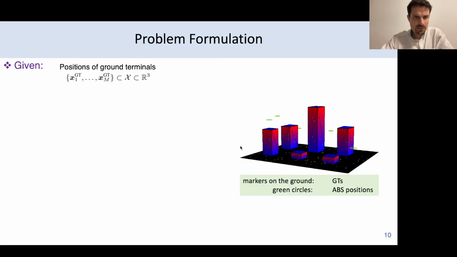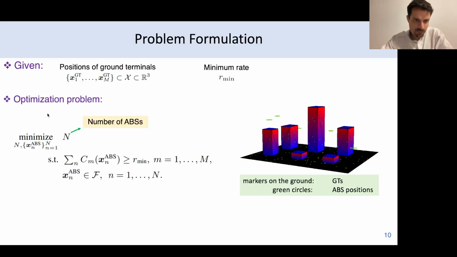So the problem is, given the positions of the ground terminals, and given a minimum rate Rmin, to minimize the number of ABSs such that all users receive at least this target minimum rate, right? So here we are optimizing over the number of ABSs and the positions of the ABSs, right?